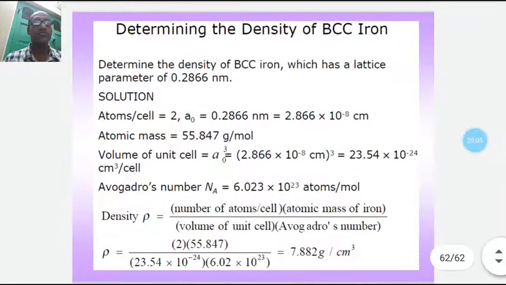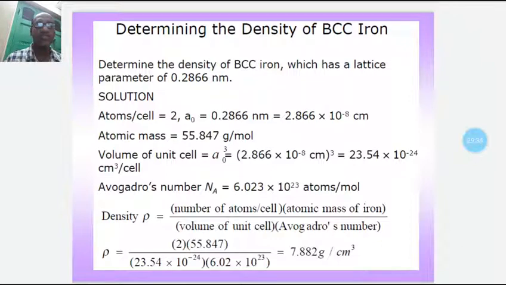So there is another small mathematics. We have to find the density of BCC iron, which has a lattice parameter of 0.2866 nanometer given. So how to solve? Atoms per unit cell for a BCC iron, it is well known to us, that is 2, and A0, that is lattice parameter, 0.2866 nanometer.